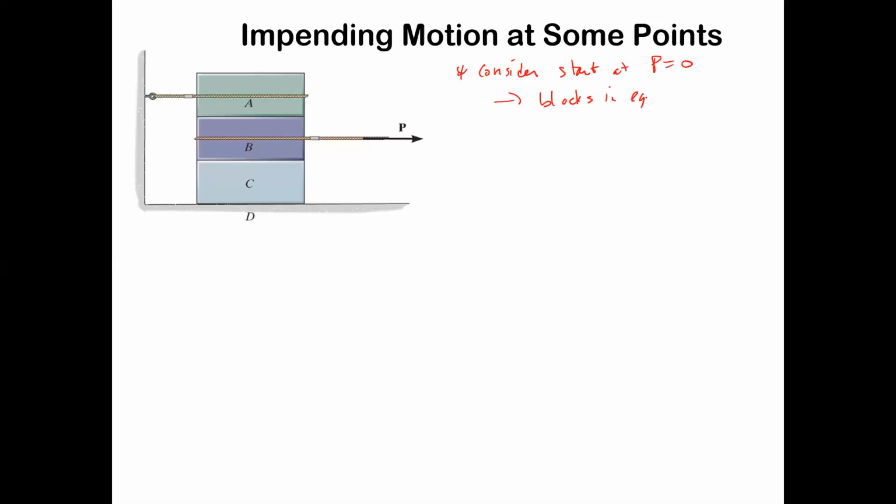We know that, right? And then we're going to increase P until something happens. The case with the lowest P is the one that occurs first.